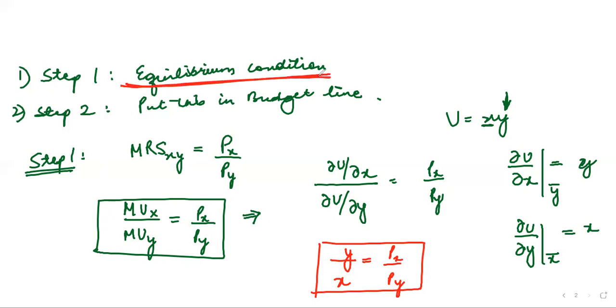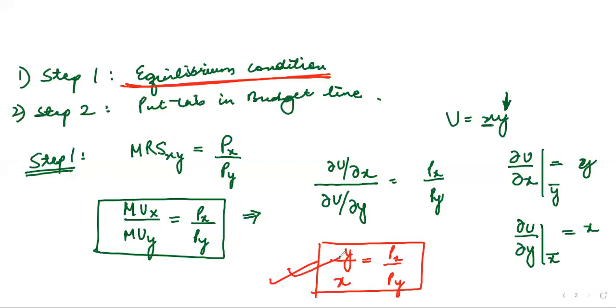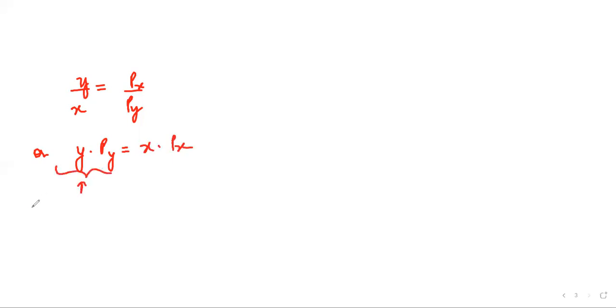Equilibrium condition means my tangency condition. The point at which they are tangent, this equation should be satisfied. If I rewrite this equation, I'm going to get y by x is equal to px by py, or y into py is equal to x into px. What was y into py? The expenditure on good y. What was x into px? The expenditure on good x.